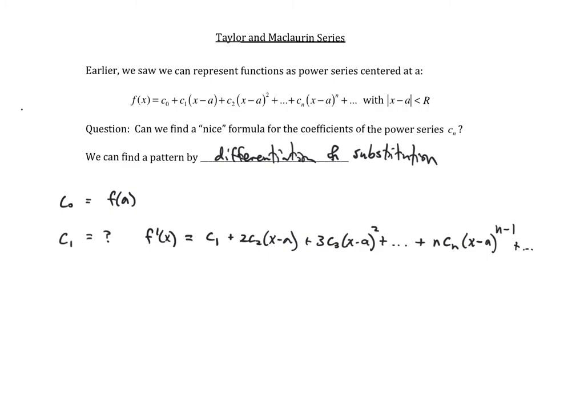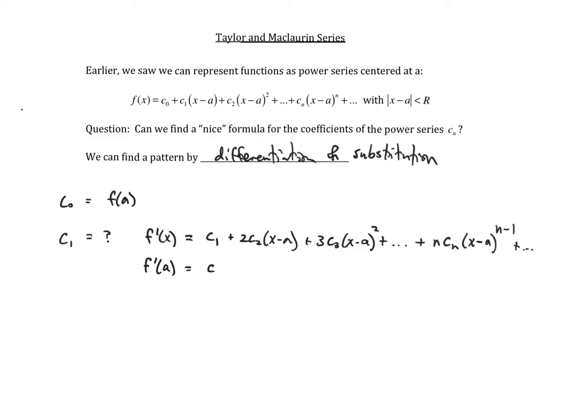What I want you to notice is that every term except for the C1 term has an x minus a inside. So if I did the same trick, if I simply substituted an a in for x in f prime, what am I going to get?